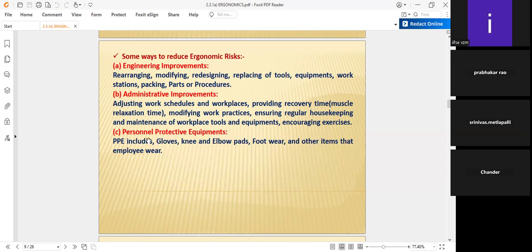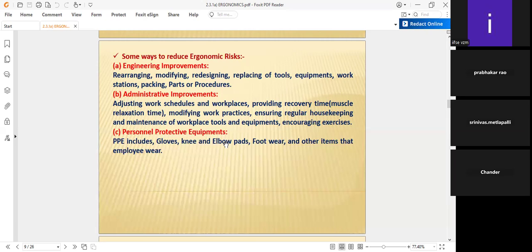Last but not least, personal protective equipment: gloves, knee and elbow pads. Normally, knee and elbow pads are not provided by the organization. Many organizations say, not necessary, sir. But they have to provide them while people are carrying loads manually. Footwear is important.